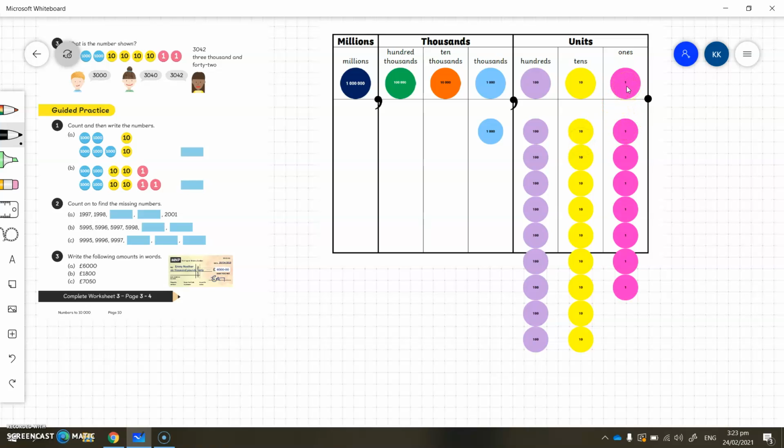If I need to show 1,998, I'm going to add on 1. 1,998. If I continue to count on, I will add another 1. My value of the next number in the sequence is 1,999. That's really important.